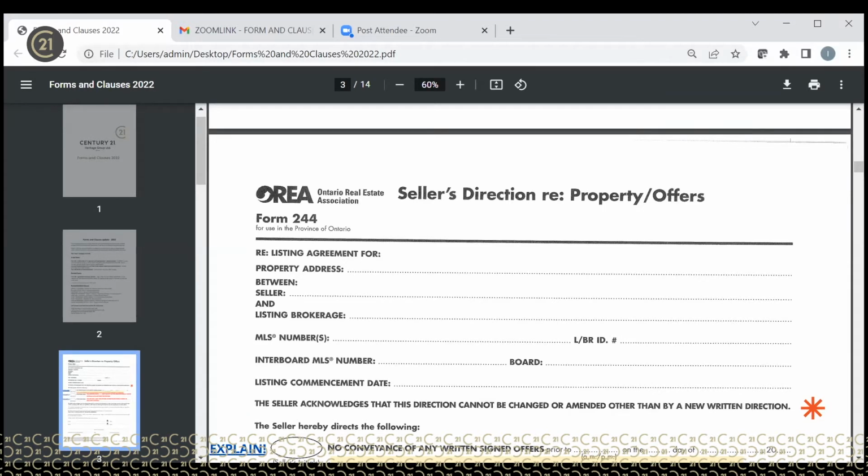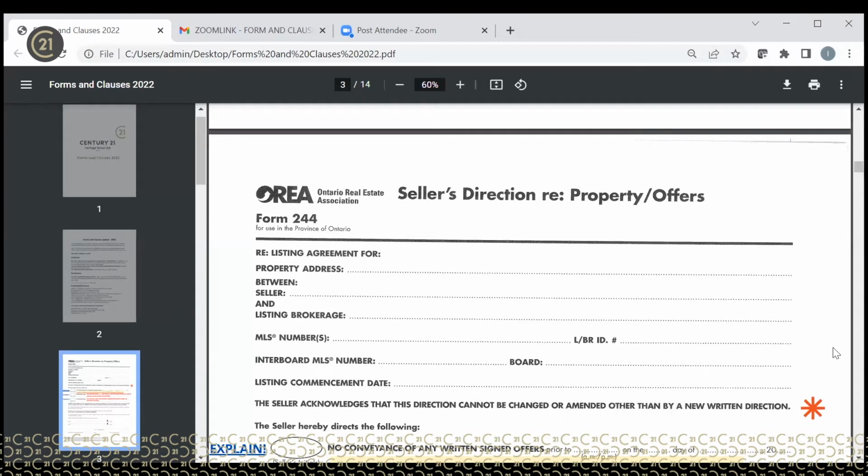When you are taking a listing and holding off an offer, RECO does say that you have to have written direction from your seller if you're holding off offers, because of course we are tasked with, as professionals, presenting our sellers with any offer at the earliest practicable opportunity, is what they're calling it, so as soon as possible.